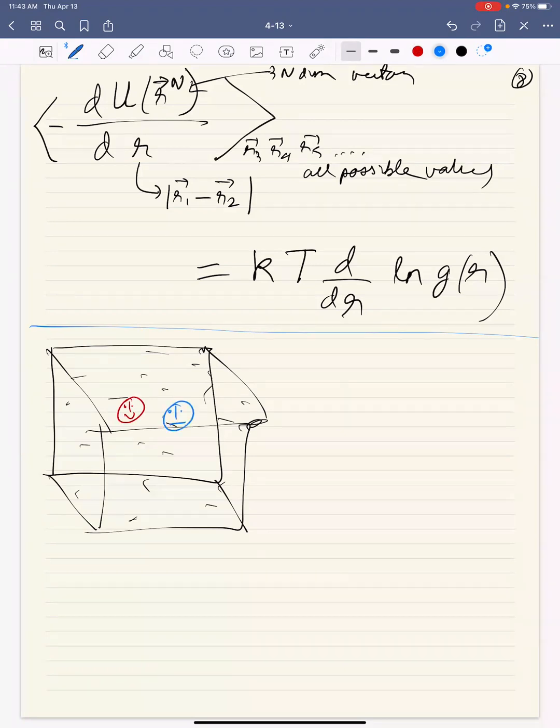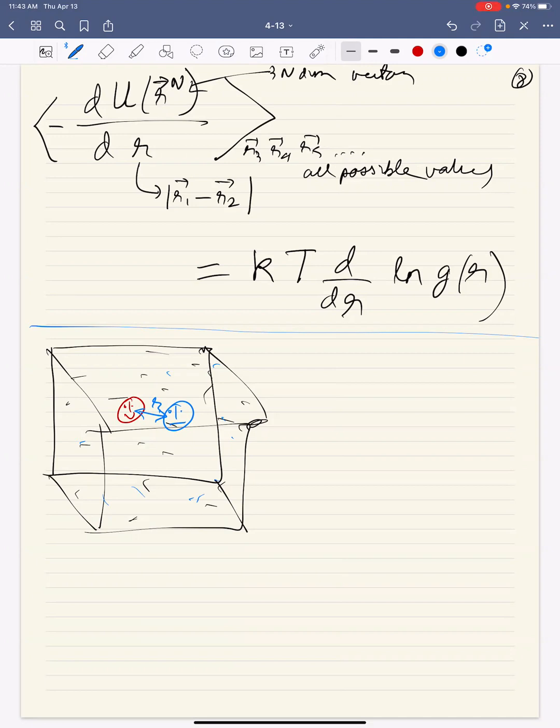One is happy, one is ambivalent. And I want to understand the force being experienced between these two particles as a function of R, averaging over the thermal motion of everything else. So you have to really simulate everything else for the age of the universe. That's what we want to study.